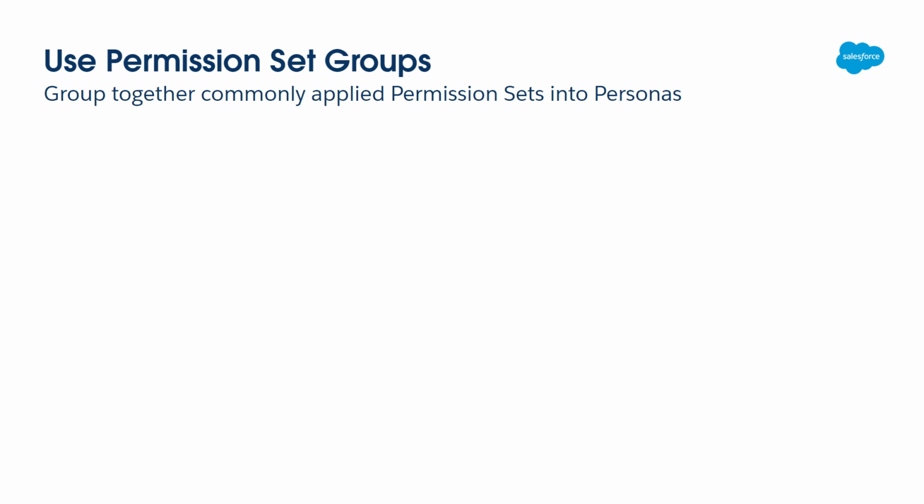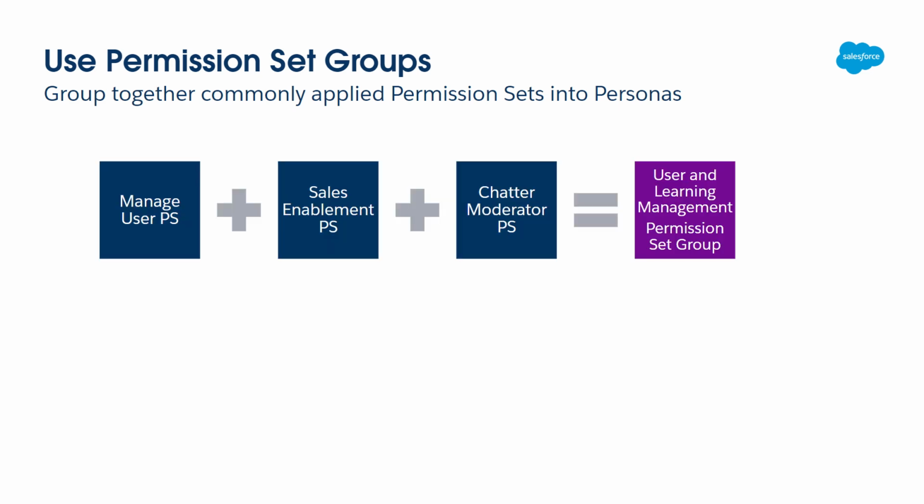So then using permission set groups to group the commonly applied permission sets into personas. So here I've got a persona of a user and learning management persona. So they would have the manage users permission set, the sales enablement, remember the managing the prompts and the My Trailhead parts of the system, and the Chatter moderator.